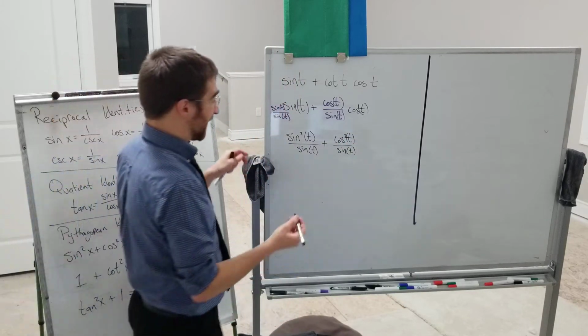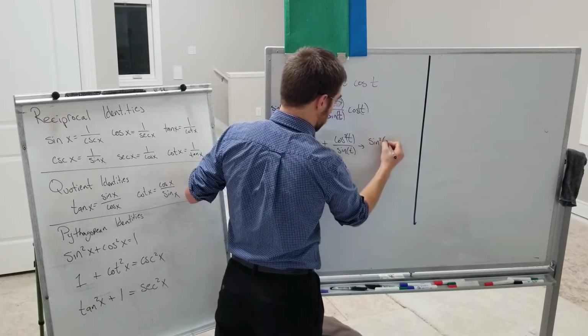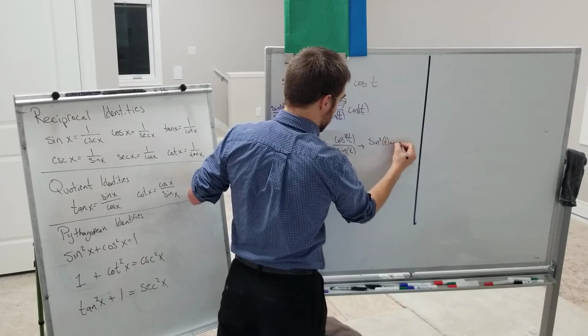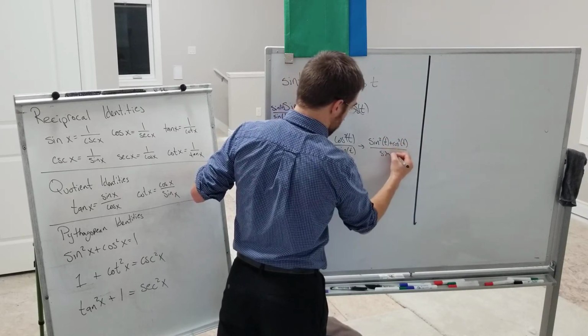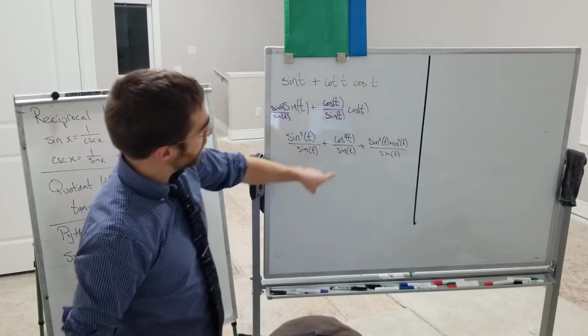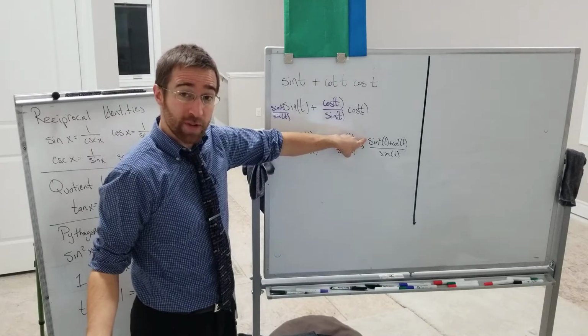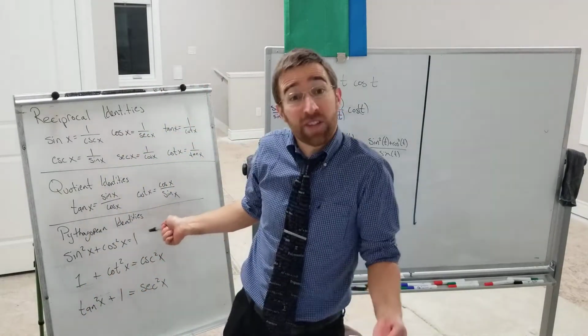Common denominator, I can add the numerators now. So I have sine squared of t plus cosine squared of t over sine of t. Hey, do you recognize this? Sine squared plus cosine squared? I hope so, because it's a Pythagorean identity. It's just equal to 1.